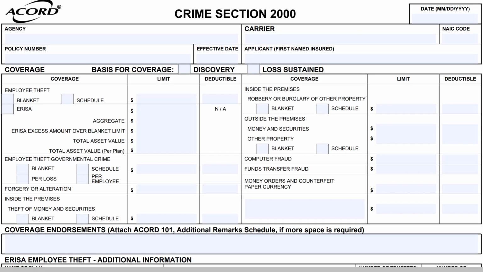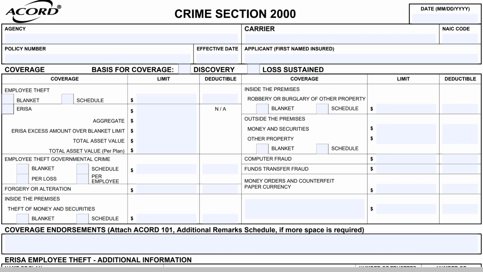So very briefly, before we get into the form itself, the crime section is going to cover things like employee theft, theft of securities and money inside the premises, safe burglary, robbery inside the premises, funds transfer fraud, computer fraud, counterfeit checks, counterfeit money, and loss from any alteration or forgery. Wow, that's hard to say.